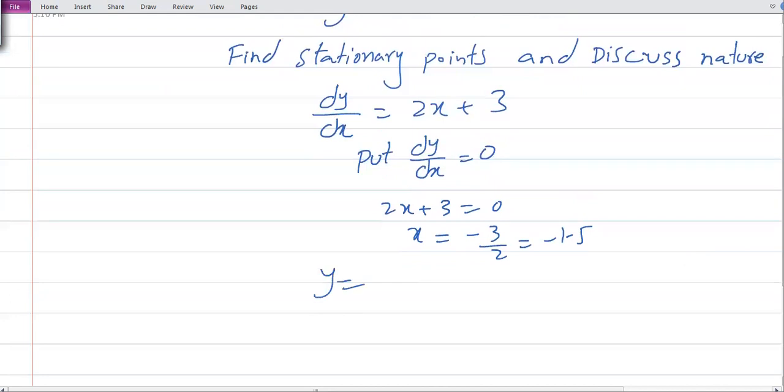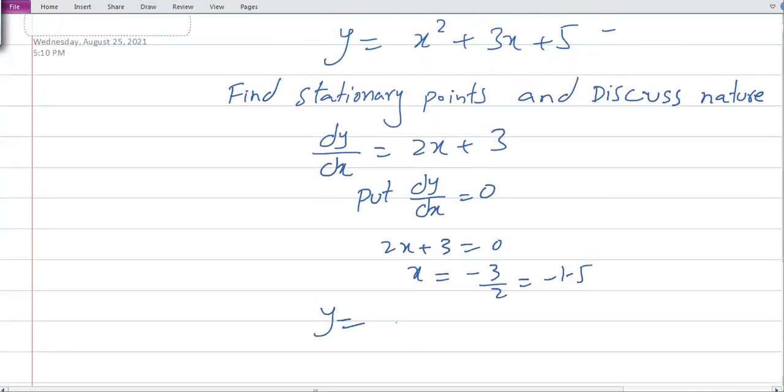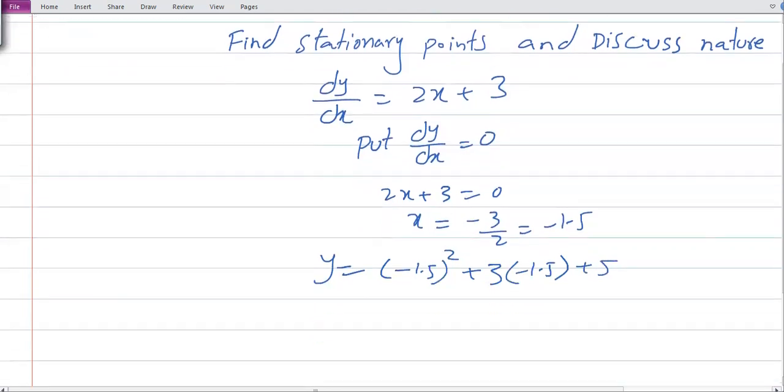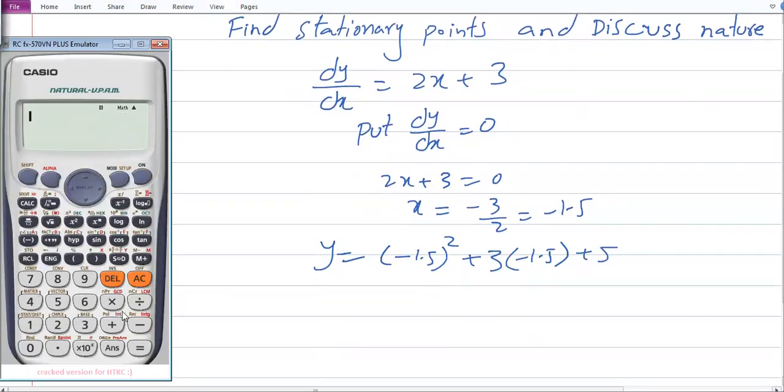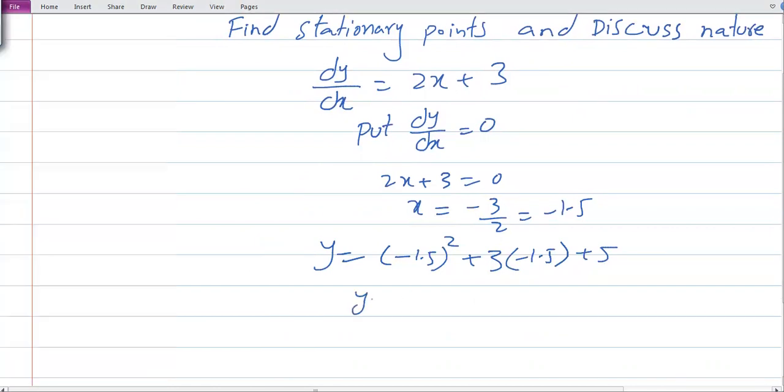So y will become minus 1.5 square plus 3 into minus 1.5 plus 5. So that is 2.75. So y is 2.75. Therefore, our stationary point is minus 1.5, 2.75.